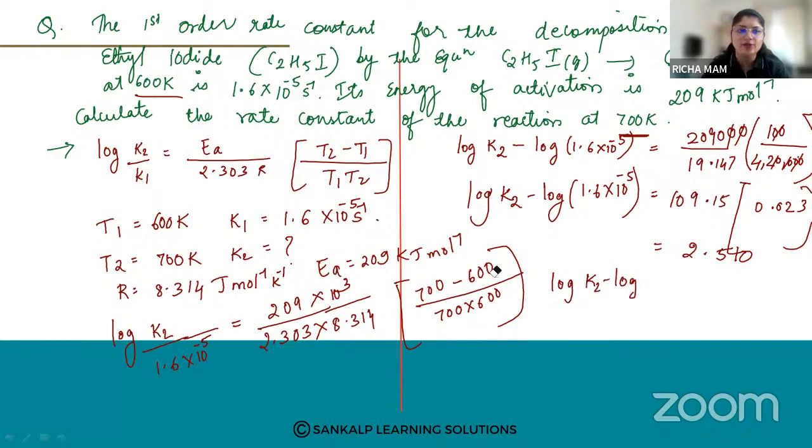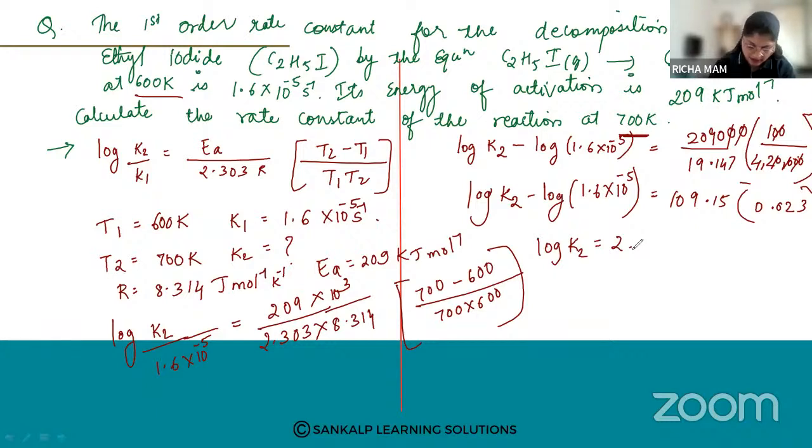So log of K2 minus log of 1.6 into 10 raised to minus 5. What I can do here is shift this: I'll keep log of K2 on one side, and this value, 2.510, plus log of 1.6 into 10 raised to minus 5.